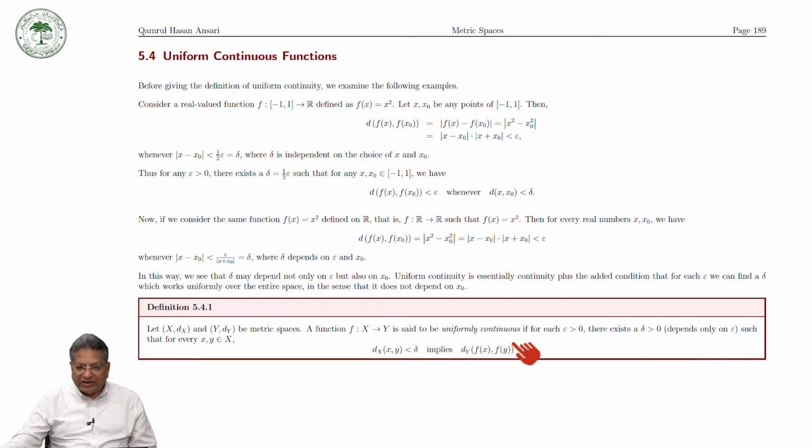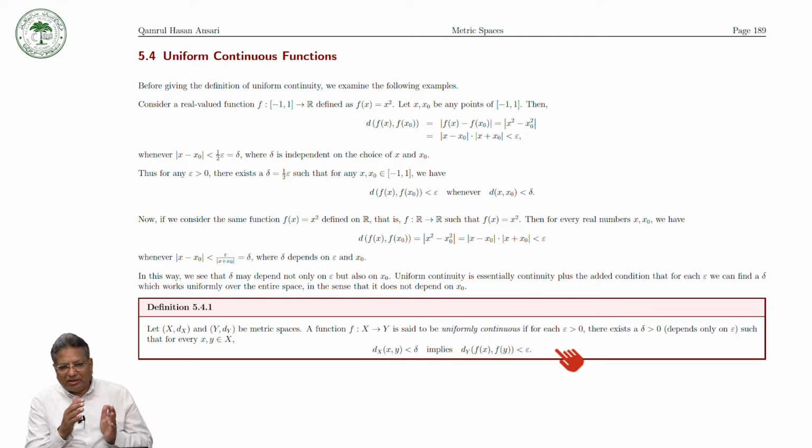But here we say that for each epsilon positive there exists a delta, and delta is not depending on any element x and y, it is depending only on epsilon, such that this implication holds. So you can see that if delta works for every x and y in X, then we say that the function is uniformly continuous.